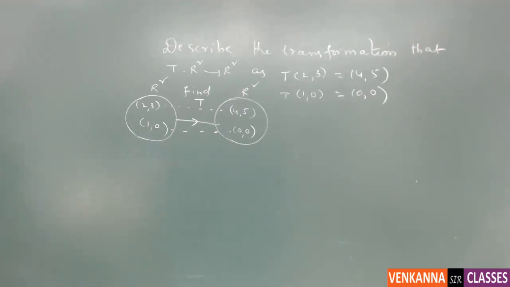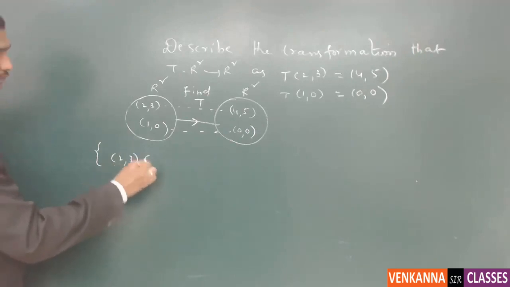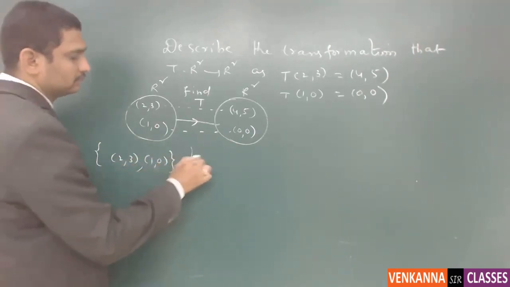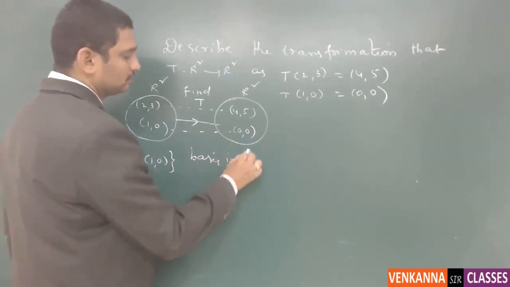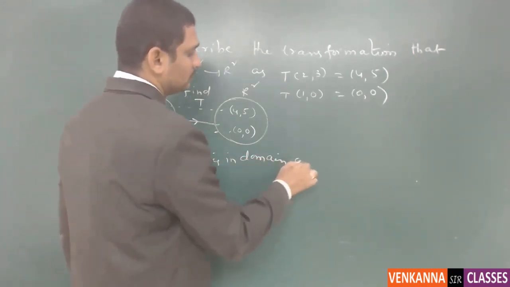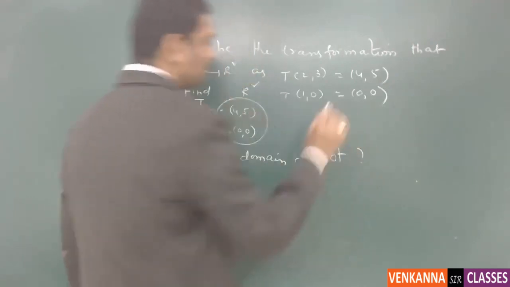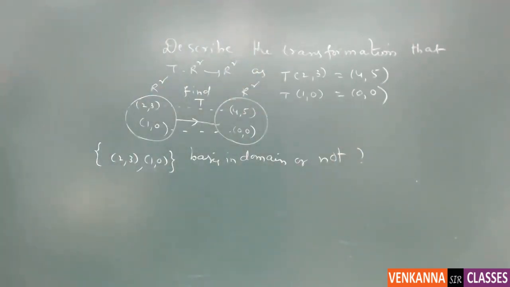For this kind of problem, we always check whether the given vectors in the domain are a basis or not. Whenever the given vectors constitute a basis, then only is it possible to find a transformation.